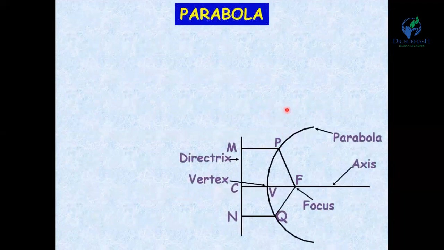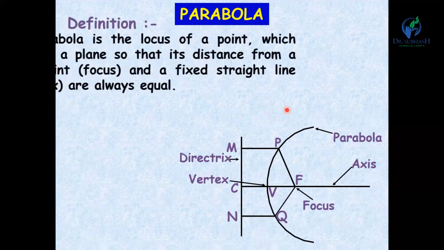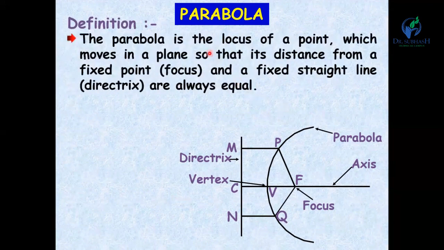Now, parabola. What do we mean by parabola? The definition of the parabola is the locus of a point which moves in a plane so that its distance from a fixed point and a fixed straight line are always equal. So here in this case, this curve is the parabola.